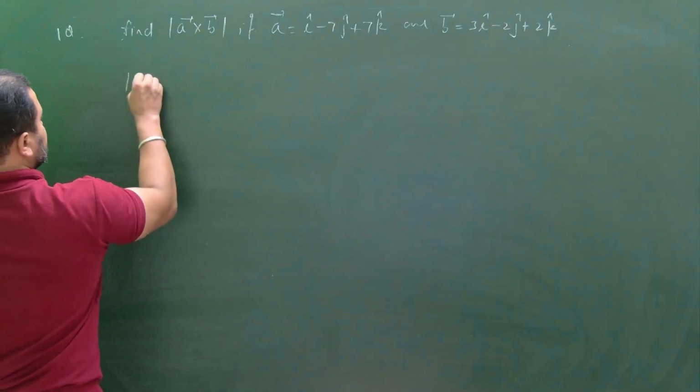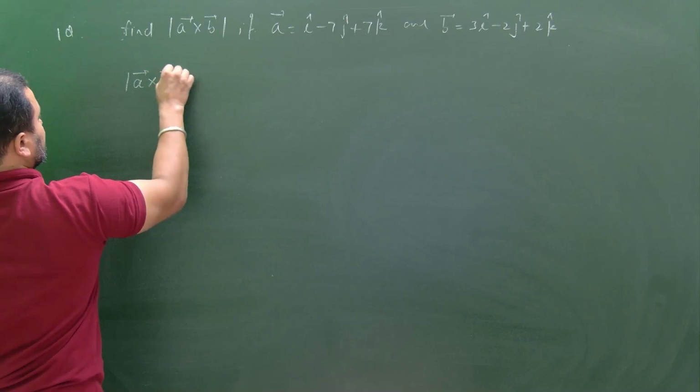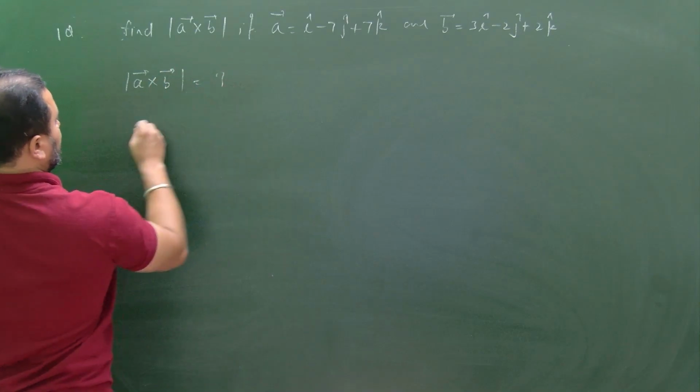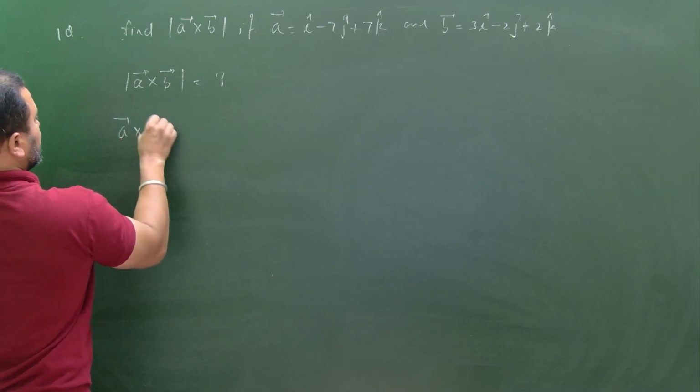तो जैसे कि डिस्कस किया था, द मॉडुलस ऑफ द क्रॉस प्रोडक्ट हमें निकालना है. So what was the cross product a cross b?